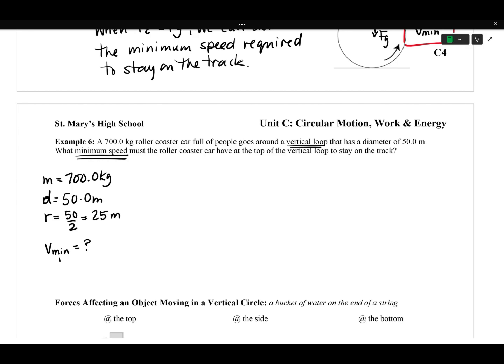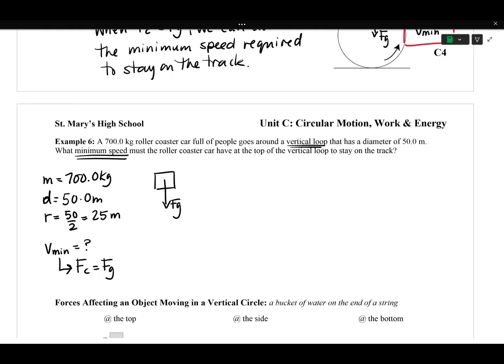They want us to solve for V min, and when the circular speed is at its minimum, we know that Fc would have to equal Fg. The centripetal force will only be the force due to gravity.